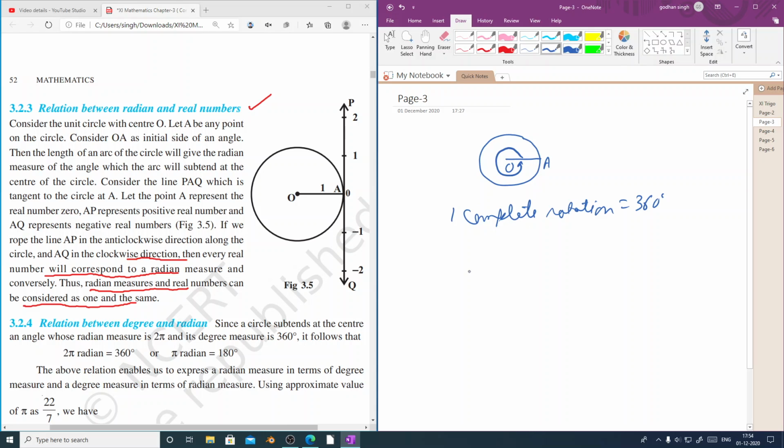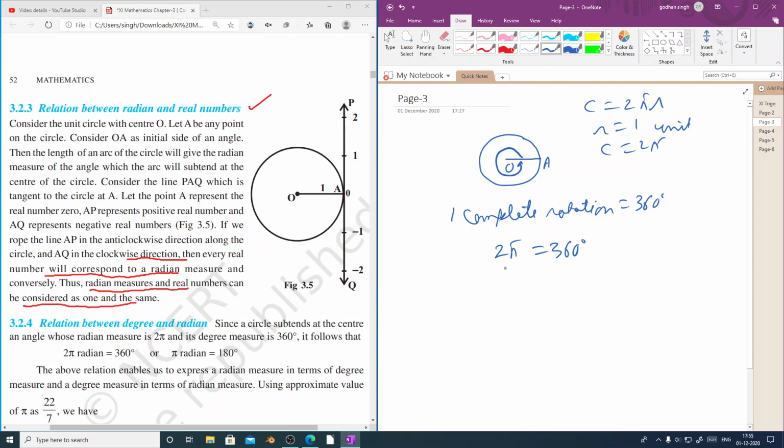2 pi, because we know that the circumference of a circle is 2 pi r. Put r equal to 1, what will we get? C equals 2 pi. That means 2 pi is nothing but 360 degree, when r is equal to 1 unit. We have taken a circle of 1 unit and one complete rotation, but the complete rotation is equal to 360 degree.